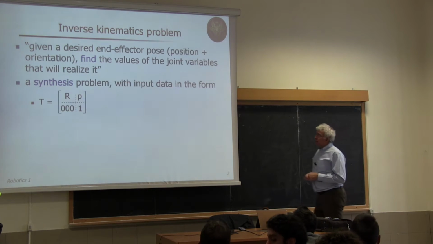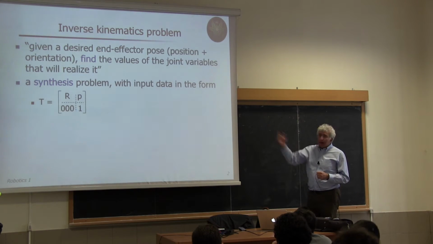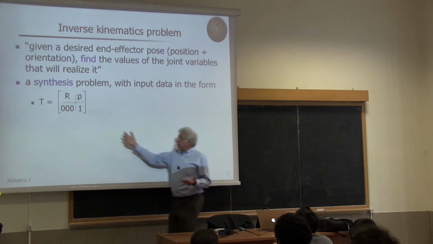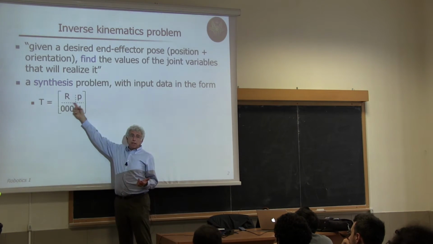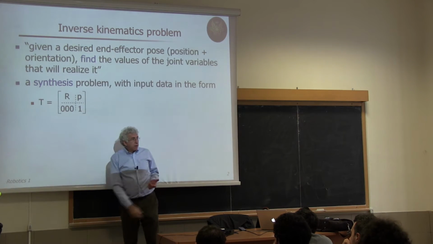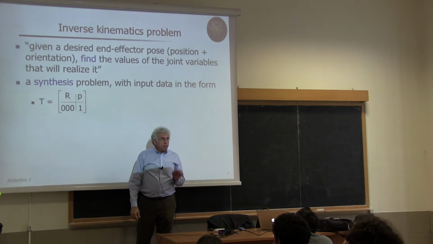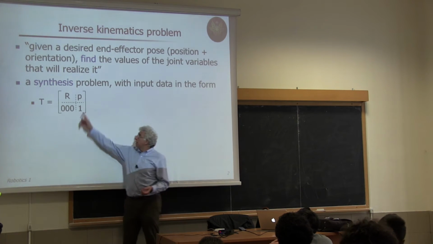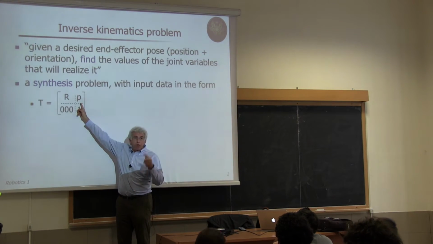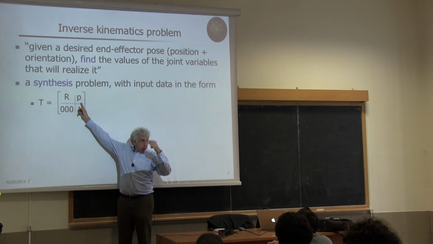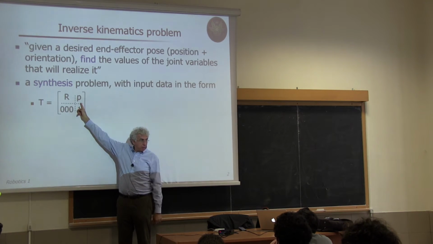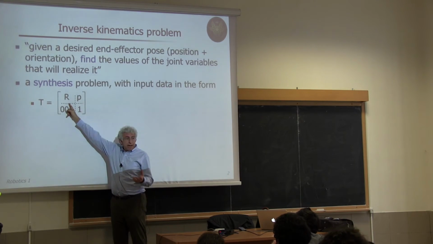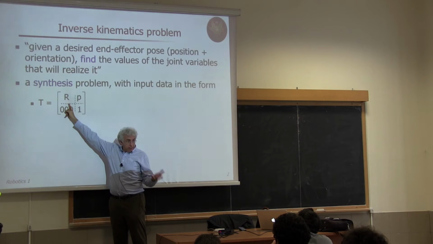And typically the classical data are a desired pose, so a transformation matrix, numbers, with a rotation matrix and a desired position for the end effector. Remember, we shortly say for the end effector, but this is the desired position for the origin of the frame attached to the end effector, and this is the desired orientation of the frame attached to the end effector.